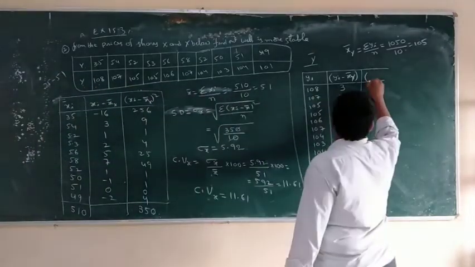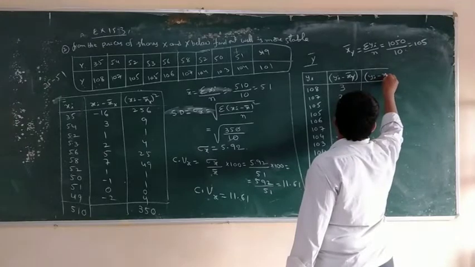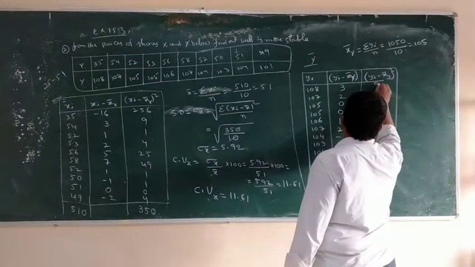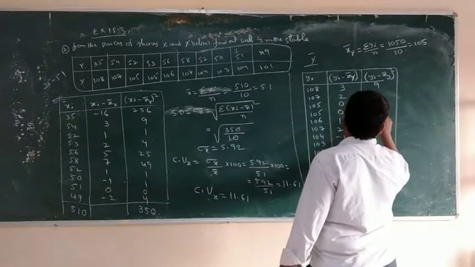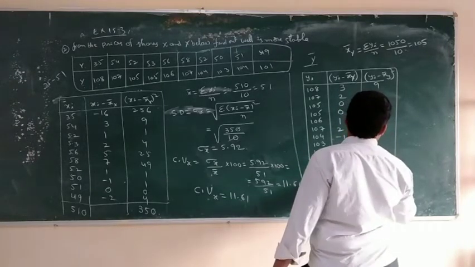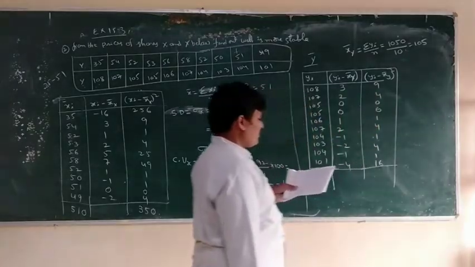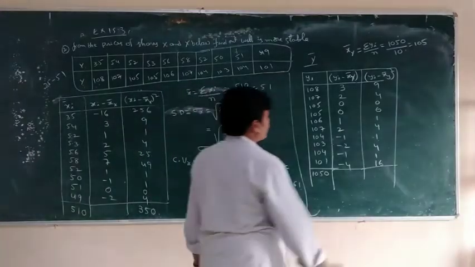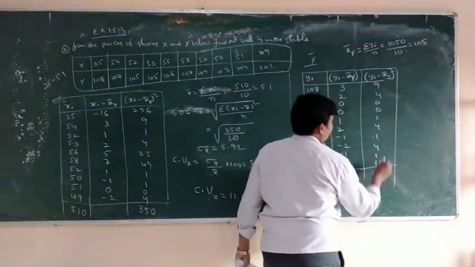Next, yi minus y bar whole square: 9, 4, 0, 0, 1, 4, 1, 4, 1, 16. The total is 40.